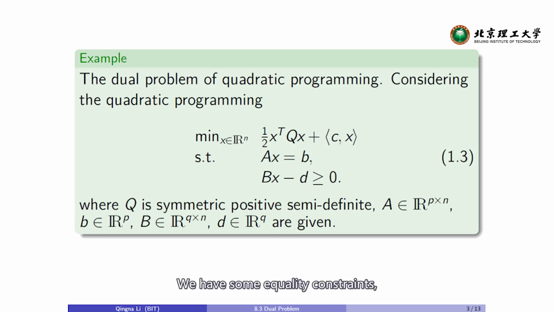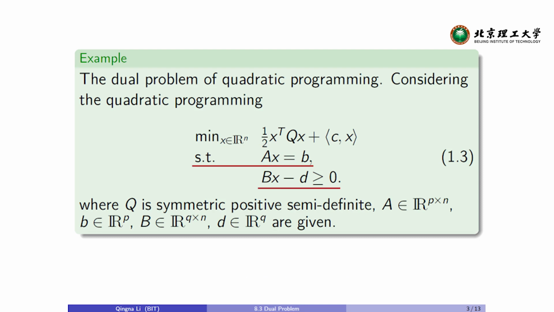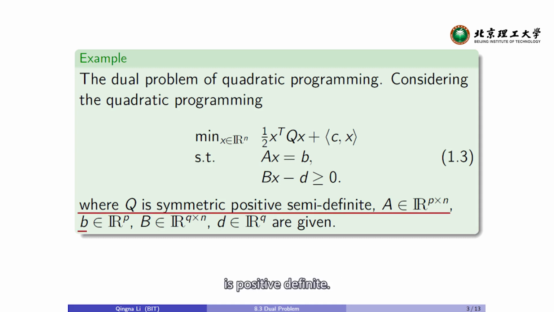We have some equality constraints Ax equals b and some inequality constraints. Here we assume that Q is positive definite. And c, capital A, small b, capital B, and small d are all given matrices or vectors.